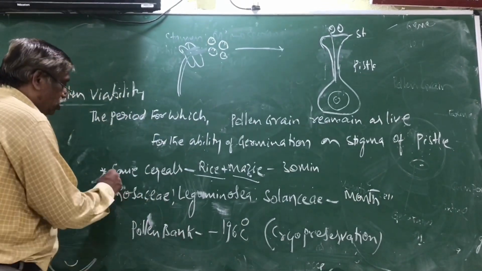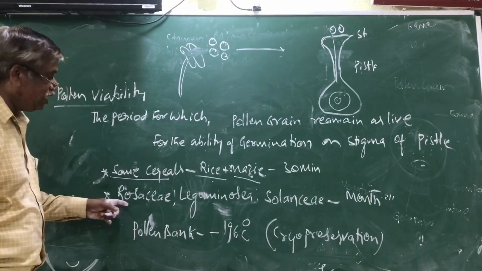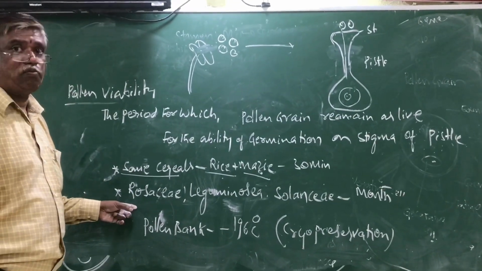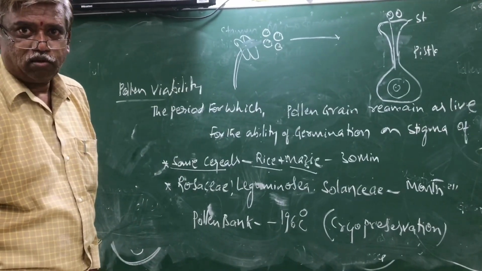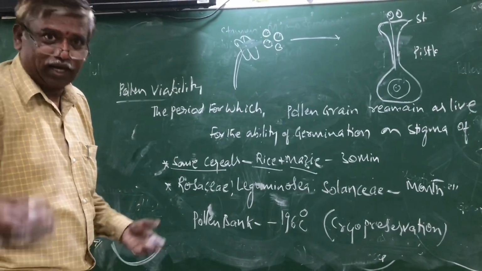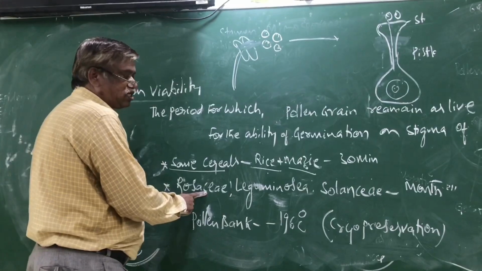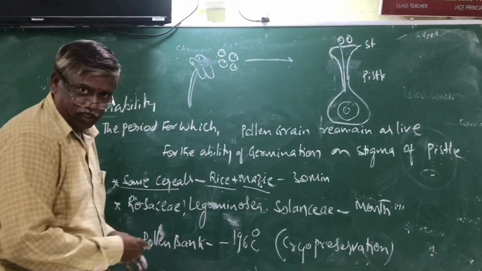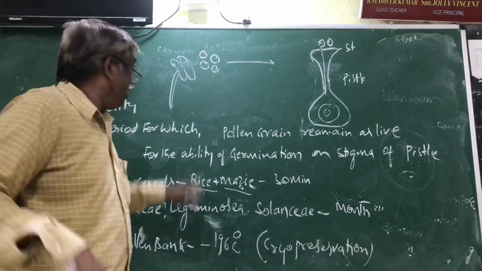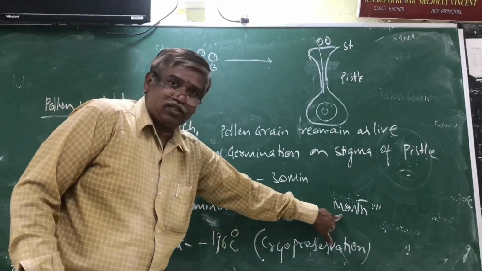But in some families, Rosaceae, Leguminosae, Solanaceae, the pollen grain viability is months.